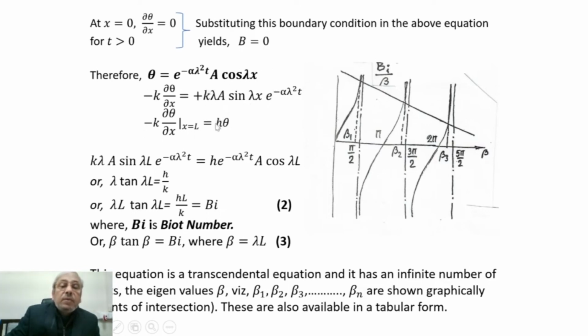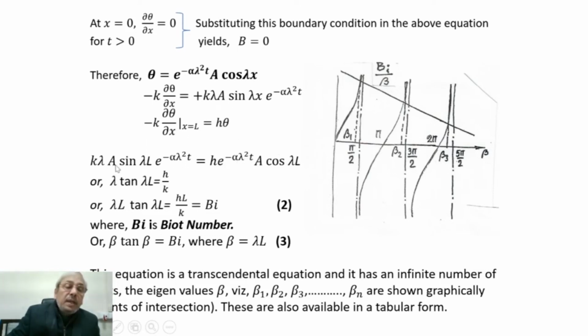This is equal to h into theta. So k lambda a sin lambda L e to the power minus alpha lambda square t, that is the value of minus k del theta del x at x equal to L, equal to h times theta. Theta at L is a cos lambda L e to the power minus alpha lambda square t.